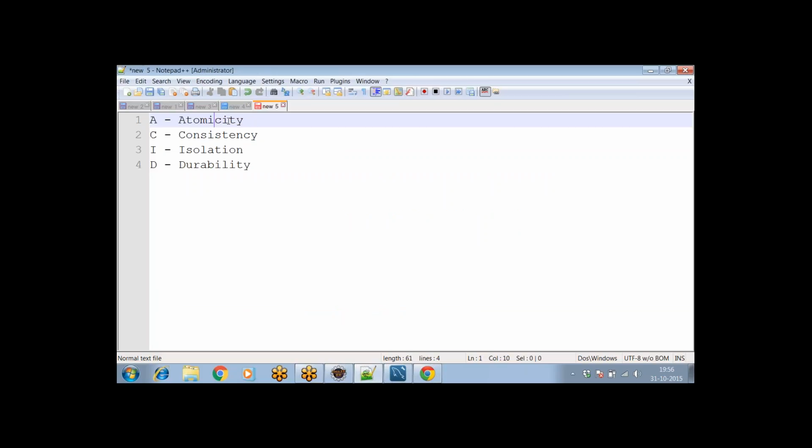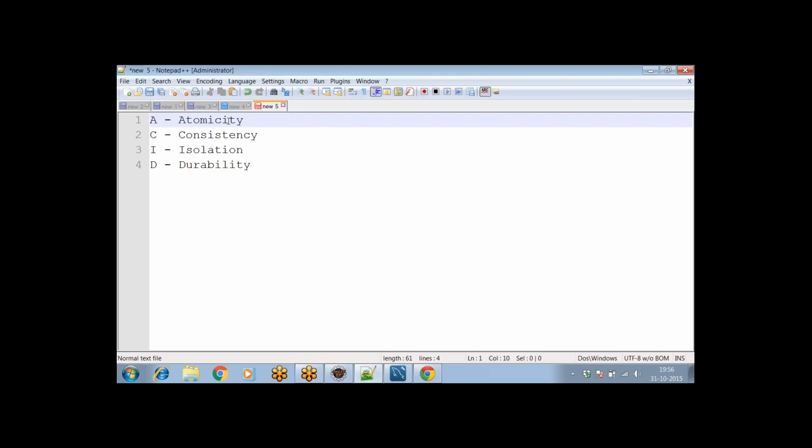So whenever you define a transaction, you have to make sure that it will possess these properties. Let's see how to program it. How pragmatically can we make sure that a transaction will possess these properties?